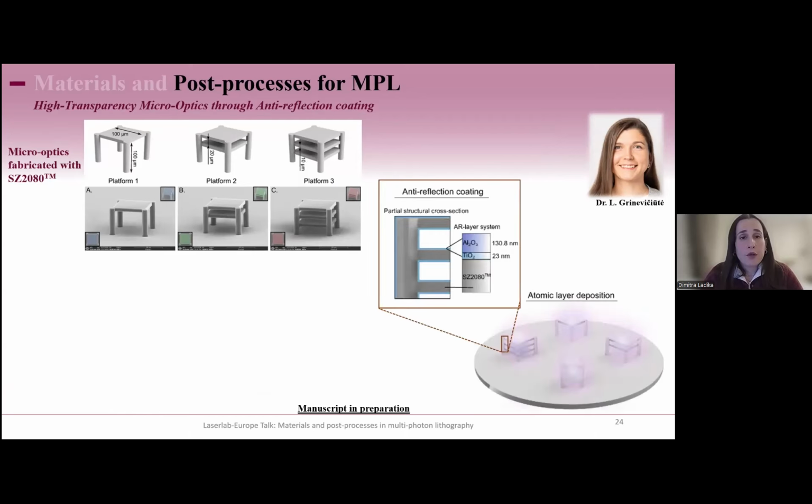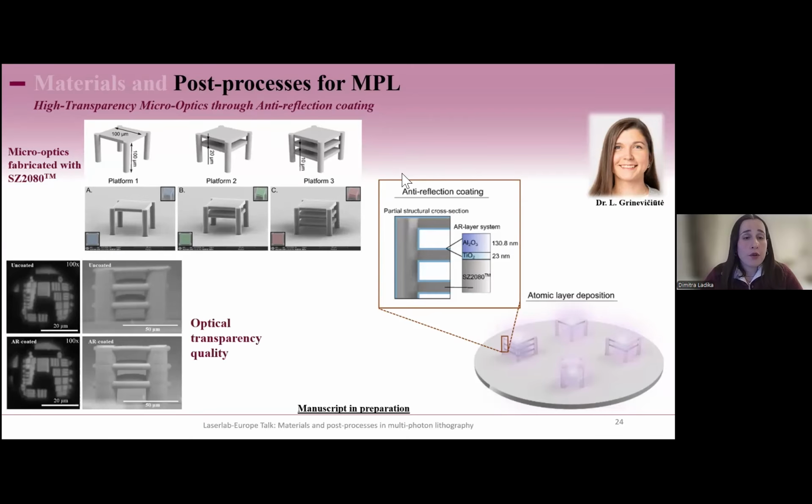And we coated them using the atomic layer deposition technique with coating of aluminum oxide and titanium dioxide. And we managed to have coated micro-optics with anti-reflection coating. And here are some first measurements showing good quality optical transparency depending on how many levels we have.